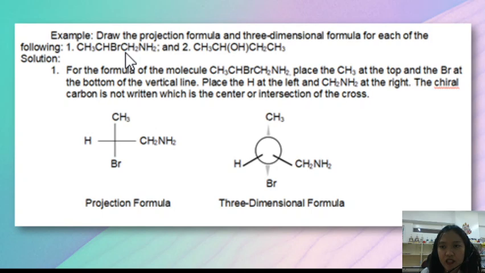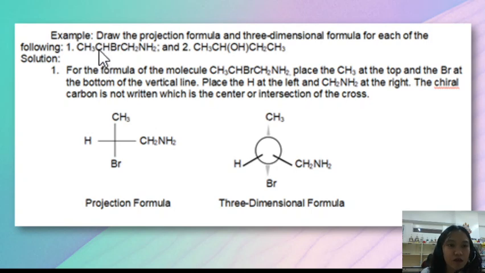And then, for carbon number 3, tingnan natin if chiral ba siya. So, unang tingin pa lang, malalaman mo na it is not a chiral carbon atom because there are 2 hydrogen atoms. So, may dalawa ng parehong hydrogen atoms nakakonect sa kanya. So, meaning, in this given sample, there is only 1 chiral carbon atom, which is the second carbon.